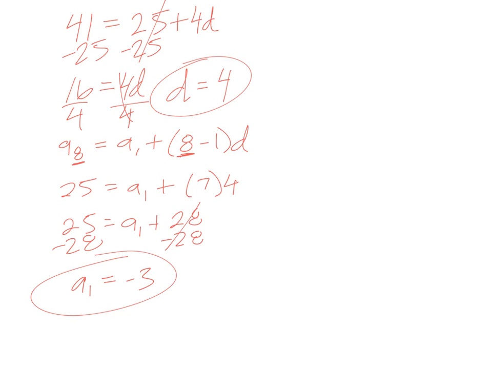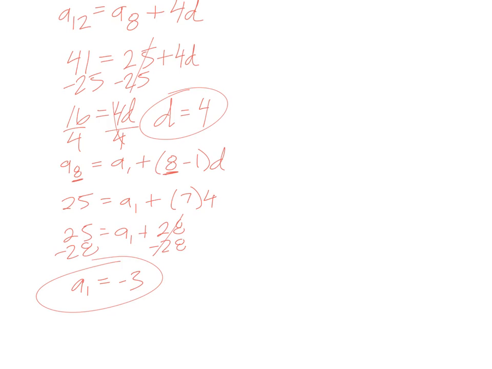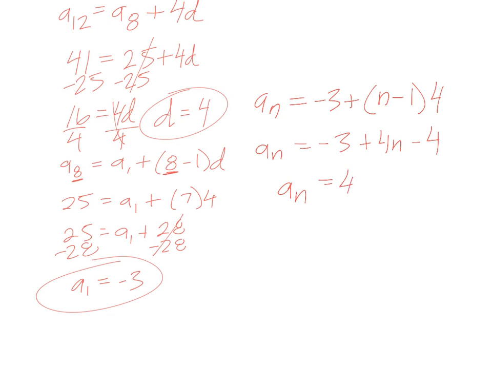Now if I want to figure out the rest of the terms, I can come up with the formula of the sequence by simplifying everything here. I get a sub n is equal to negative 3 plus 4n minus 4, so a sub n is equal to 4n minus 7.